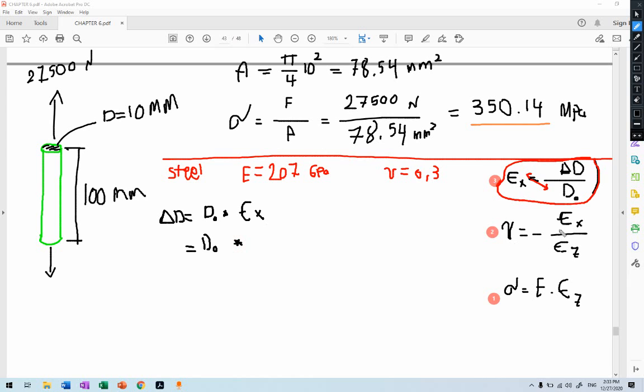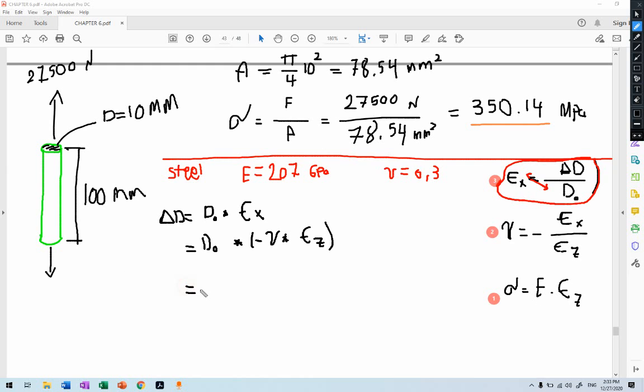From the second equation, we can rearrange it to find ex, which is minus Poisson ratio times ez. Then still, I don't have ez, so I'll bring ez from here. This ez will be sigma over modulus of elasticity.